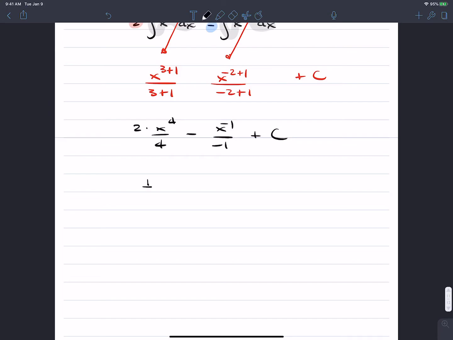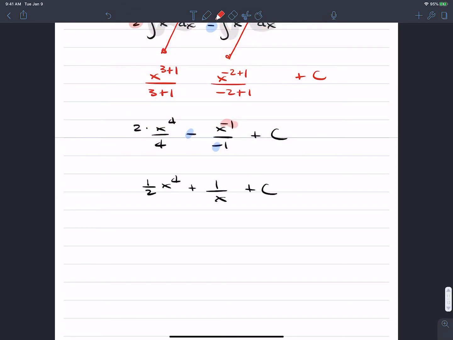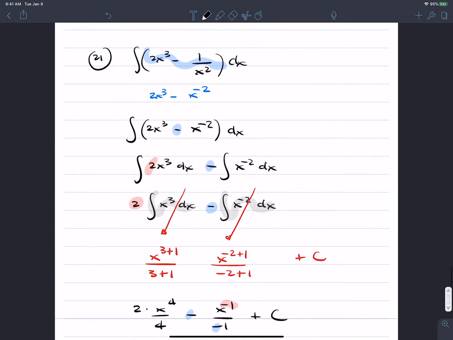So I'll end up with 1/2 x to the 4th plus 1 over x plus that c, because over here, minus a minus makes this a plus. And the definition of x to the minus 1 is 1 over x. So we're done. This is number 21.